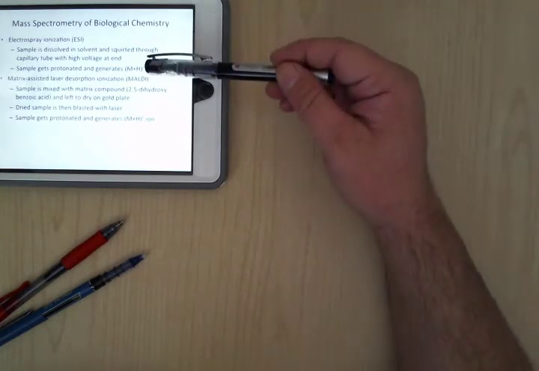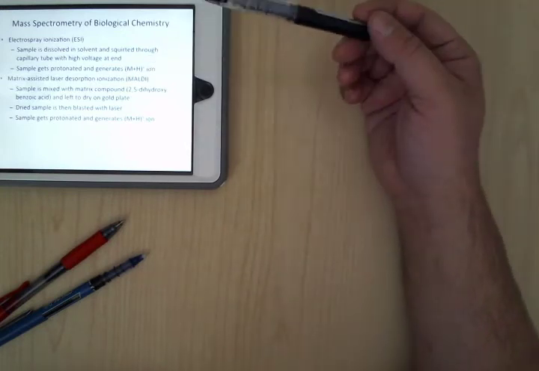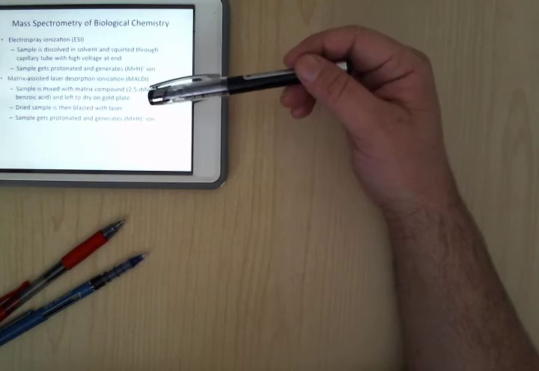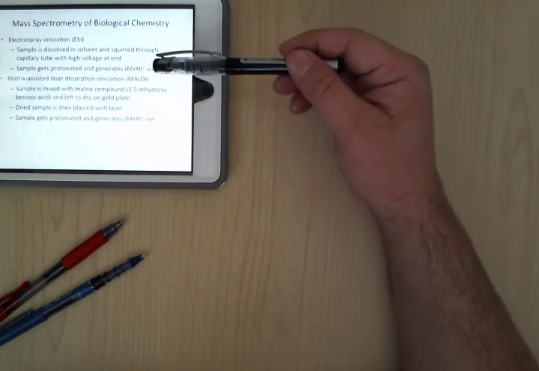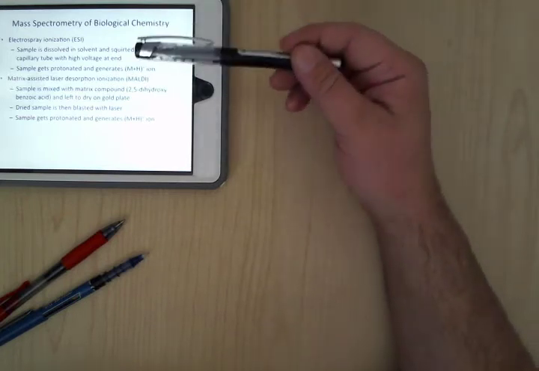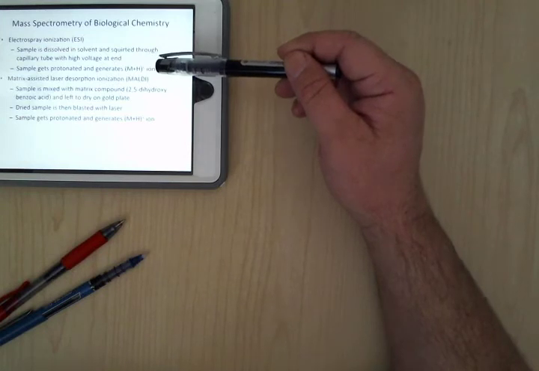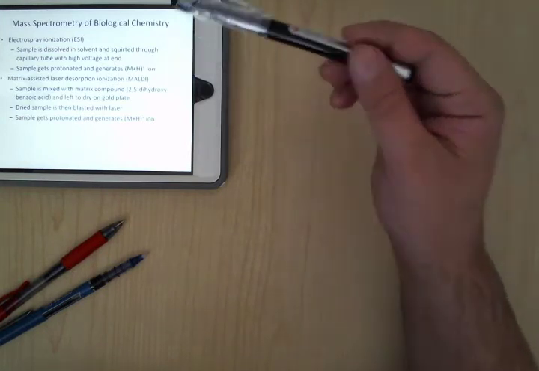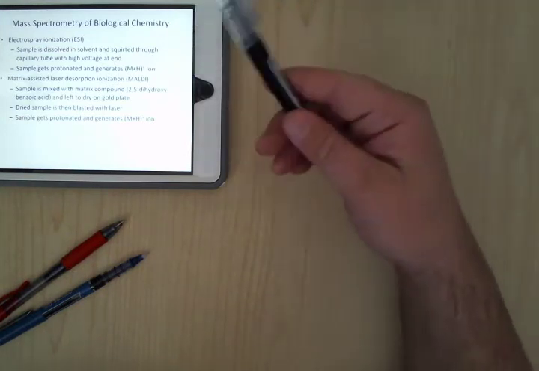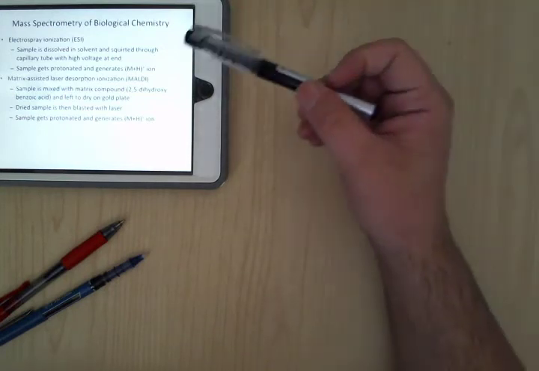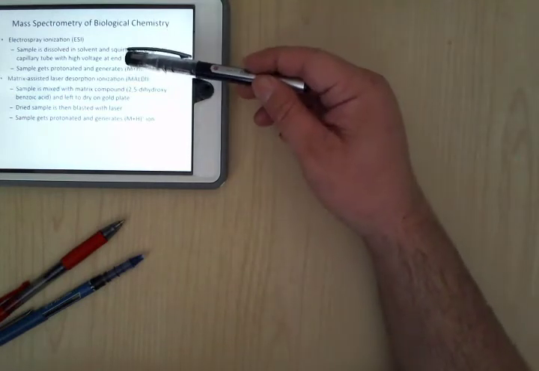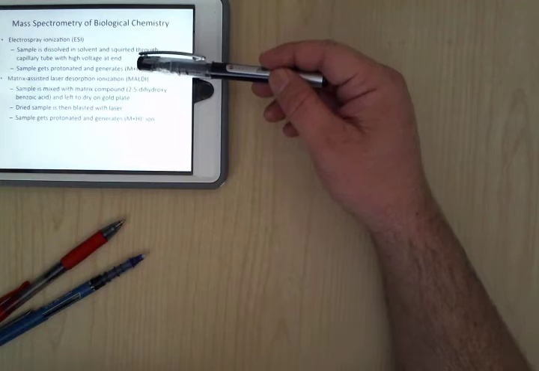That gets the positive charge. It's just simple acid-base chemistry, a much softer way of getting a positive charge on that ion. Now you do have to be careful, because you're not getting an M+, you're getting what is essentially an M+1 charge.